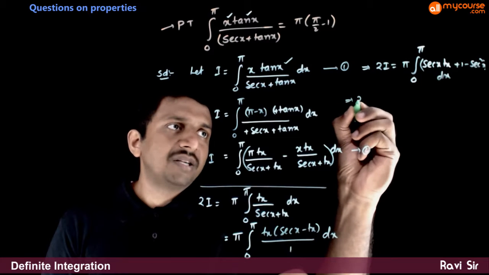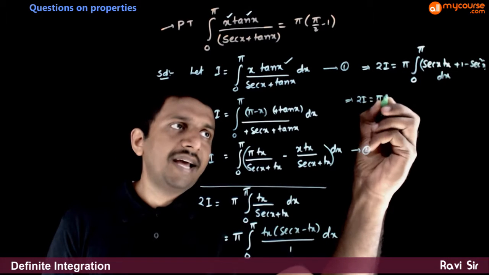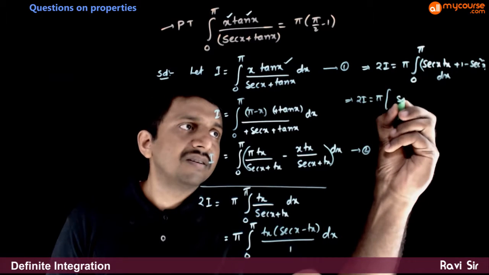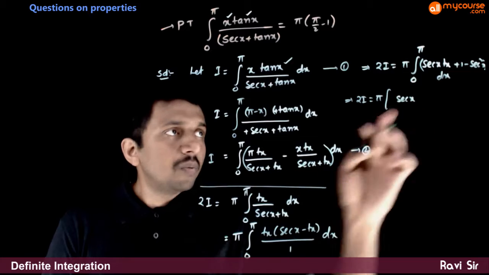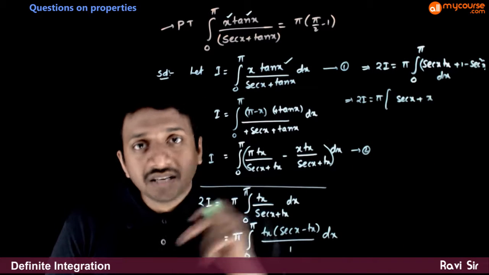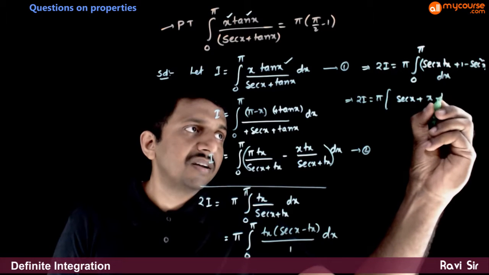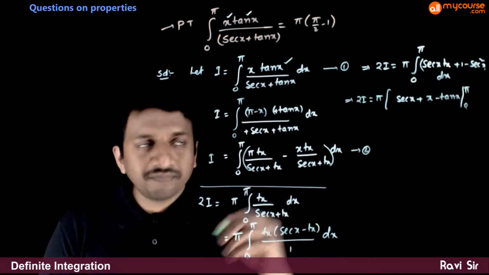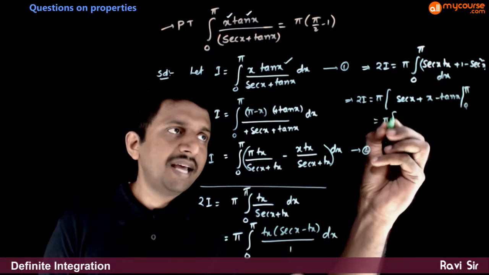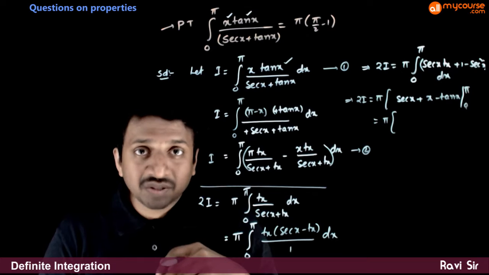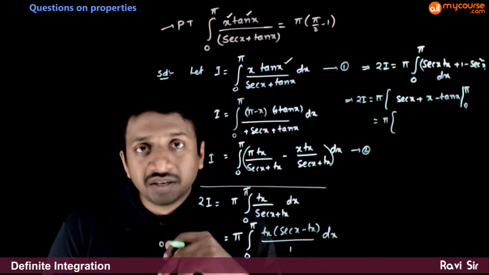So this implies that 2I is equal to pi times, what is the integral of secant x tan x? Secant x. What is the integral of 1? x. What is the integral of secant square x? Tan x. From 0 to pi. That is equal to pi times secant pi, which is minus 1, minus secant 0, which is 1.